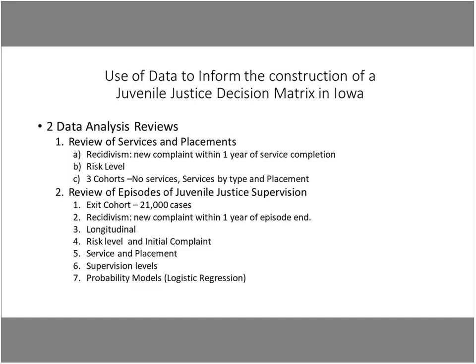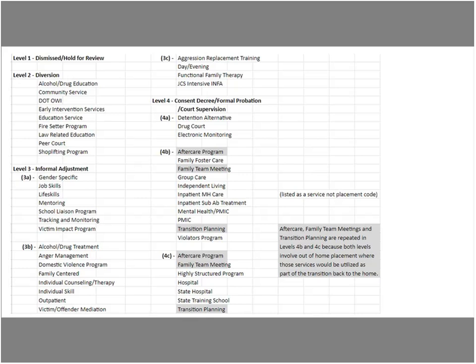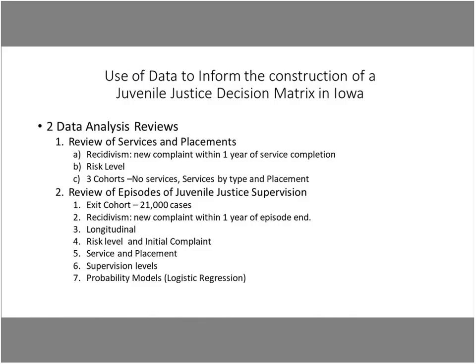We looked at cohorts of data based on whether or not children received services and what their service types and placement types were. We have about 50 different codes in the database that can break those services out, and you saw some examples of those in the table here that shows how they were then broken out and fed into the matrix. So as you can see, we get a fairly wide range of services covered in that.